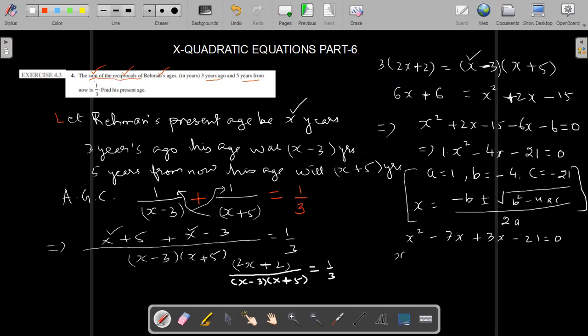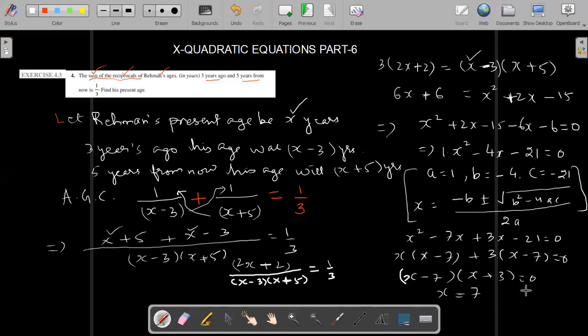Take x common: x into x minus 7 plus 3 into x minus 7 is equal to 0. x minus 7 is common, so x minus 7 times x plus 3 is equal to 0, which gives x as 7 and minus 3.